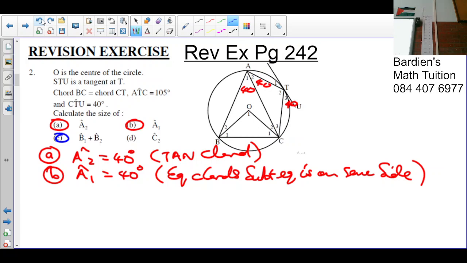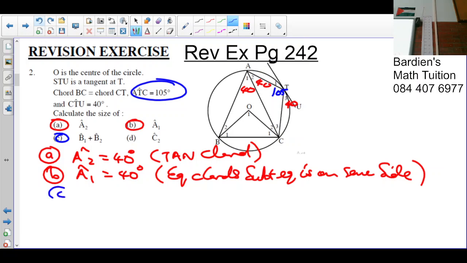No parallel lines. Yes? Oh, I missed it. ATC. Right, this is 105. Thank you. So that means, as I indicated, that B1 plus B2 plus 105 is equal to 180. Why?